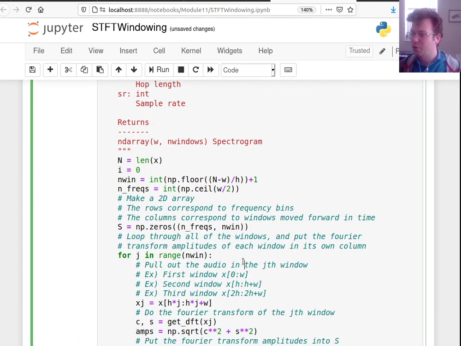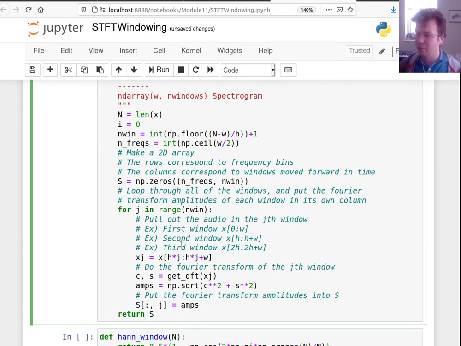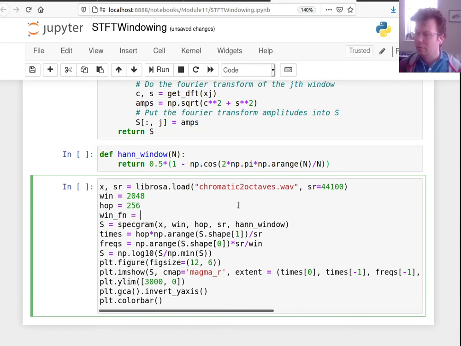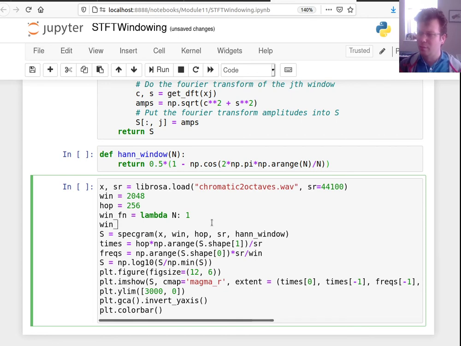Okay, then I'll just call this window function, and I'll multiply every chunk that I take by this window function. To see the difference, let me start by returning the constant first, but then I'll change it to be the Hann window. Okay, so let me start with this.